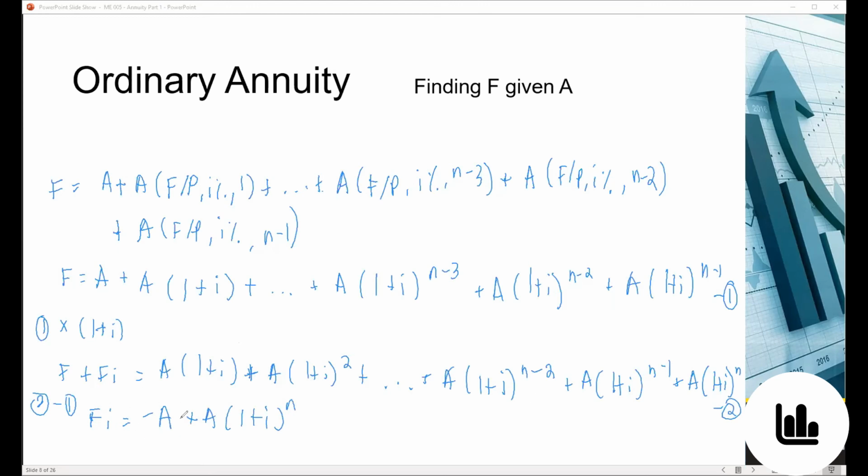Rearranging this, magiging Fi is equal to A, ilipat na lang natin dito si (1 plus i) raised to n minus 1, kasi negative 1 to. Diba? Tapos, rearranging pa ulit, sir, yung may raise to 2, di may iwan. Anong raise to 2?